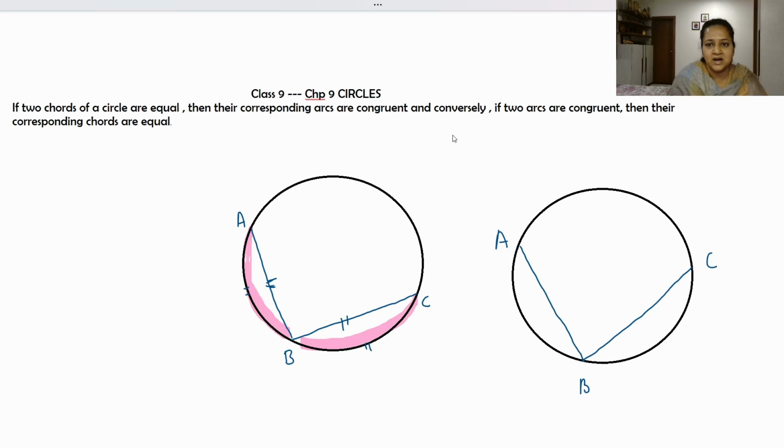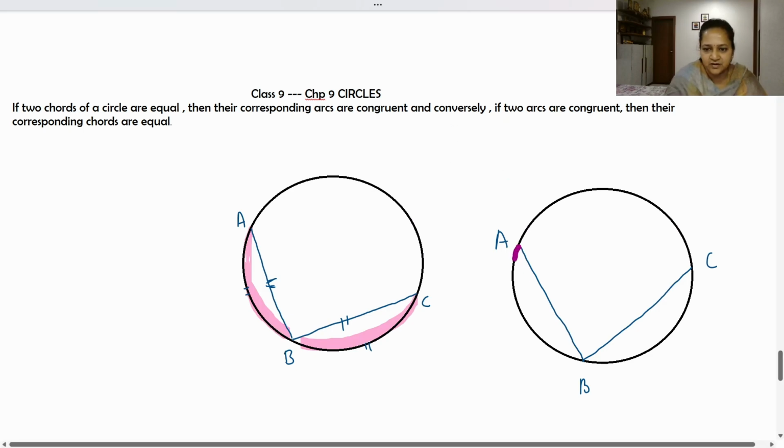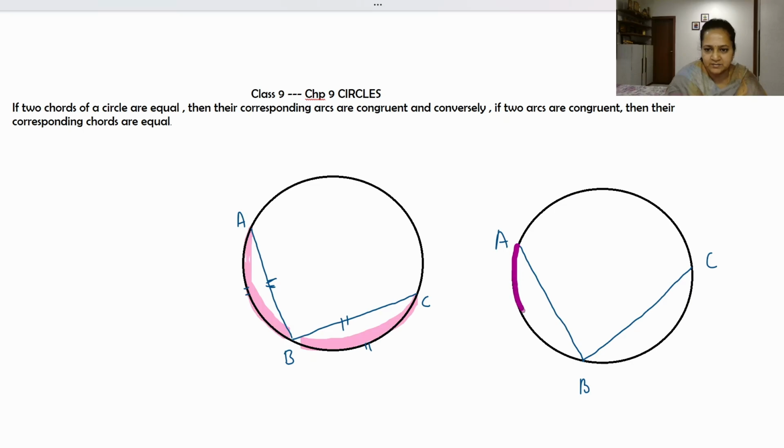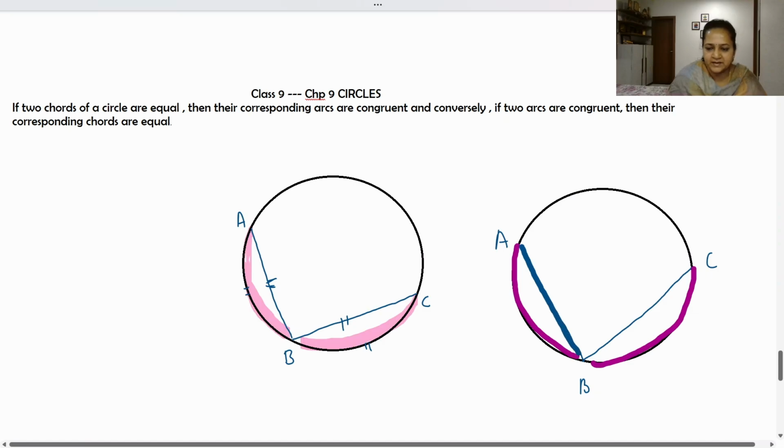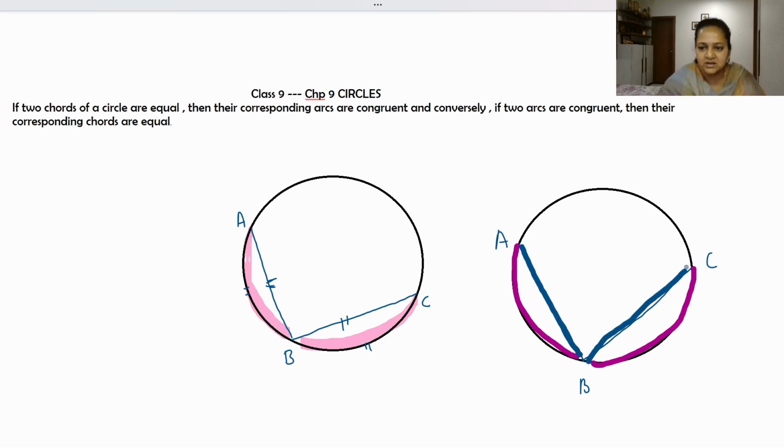If their arcs are congruent, that means if arc AB is congruent to arc BC, if these two arcs are equal, then their corresponding chords, chord AB and chord BC, are equal.